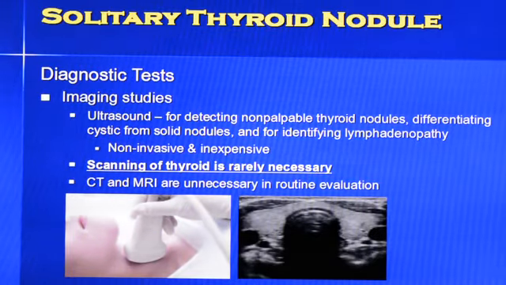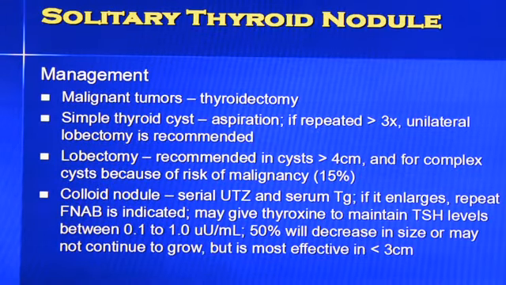CT scan and MRI are rarely used in the thyroid. Scanning of the thyroid is rarely necessary, especially if you can palpate it and you can identify it by ultrasound. Management, of course, is thyroidectomy or simple thyroid cyst aspiration.